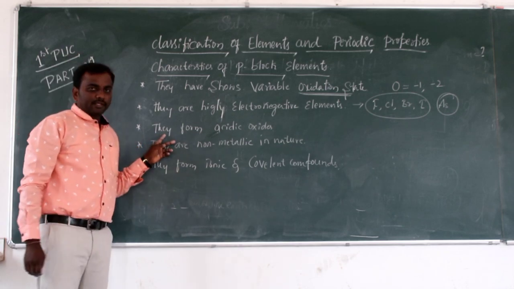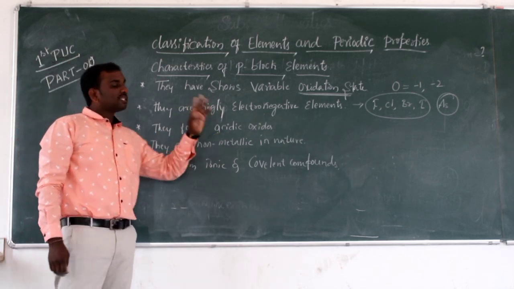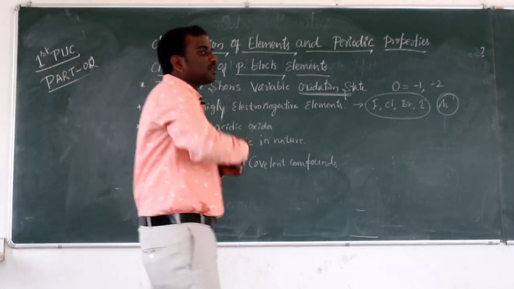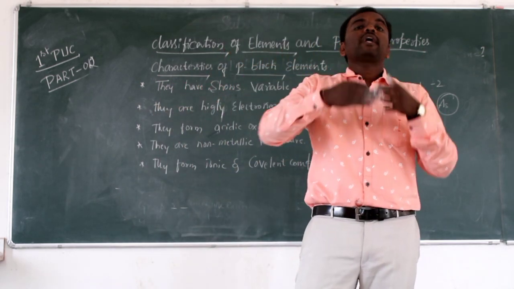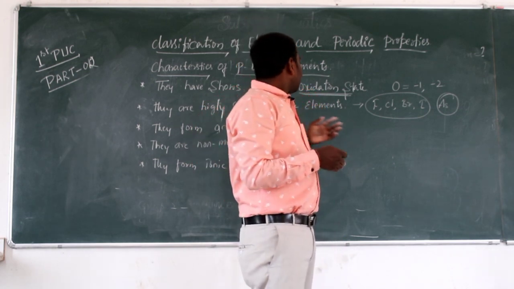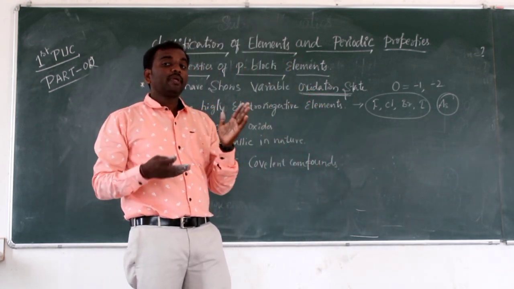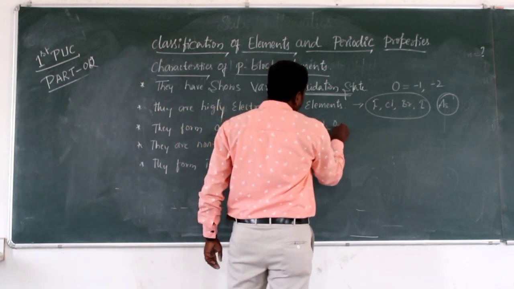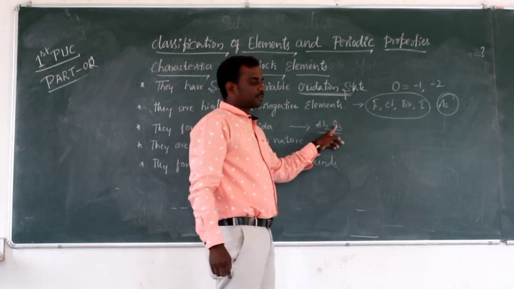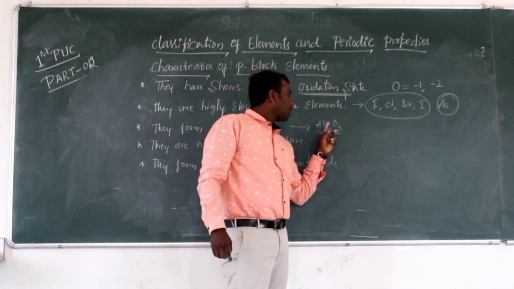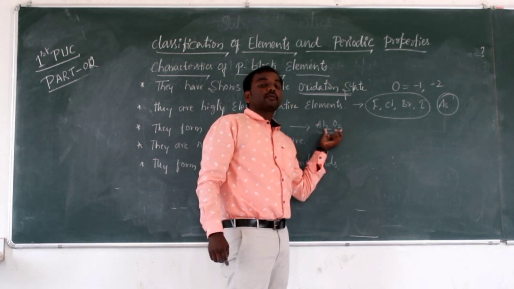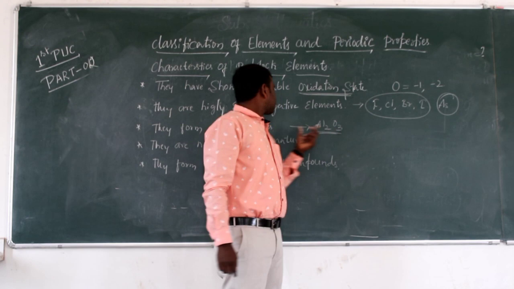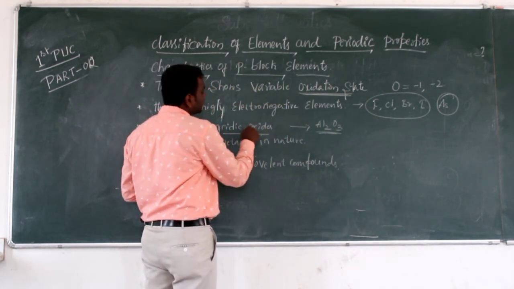Next, the third one is they form acidic oxides. For example, when zinc comes in contact with oxygen and reacts, oxide formation happens. In the same way, aluminium and oxygen come in contact to form Al2O3, aluminium trioxide. This characteristic shows they form acidic oxides.